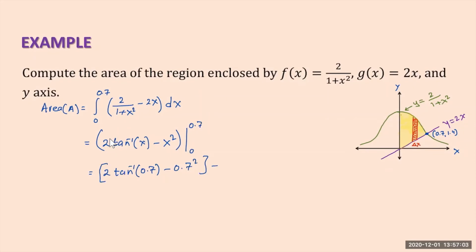So minus 2 tangent inverse 0 minus 0 squared. Everything in the second bracket will be 0 because tangent inverse 0 is 0. Now in the first one, we can simplify that using calculator, and our calculator must be in radian. So the area of the region is 0.731.